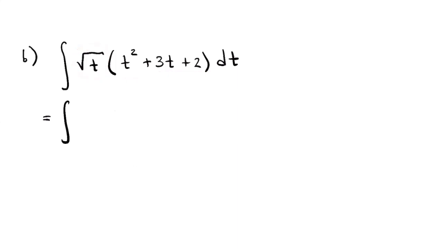So for example, t to the 1/2 times t squared is going to be t to the 5/2. When I multiply t to the 1/2 by t squared, which is 4/2, you get 4/2 plus 1/2, that's 5/2. And so on. 3 square root of t times t is t to the 3/2. 2 times t to the 1/2.